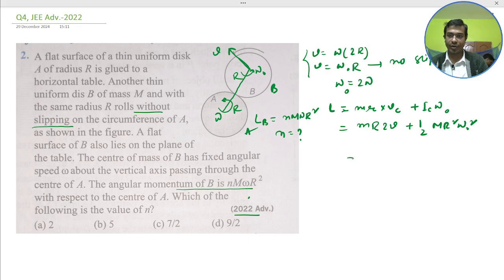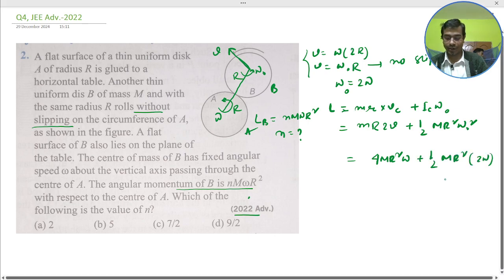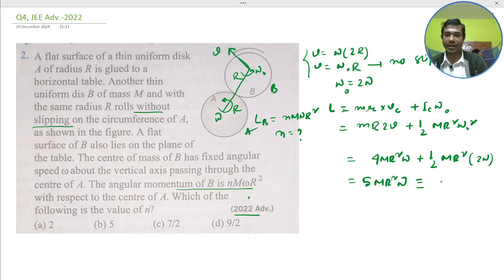So it would become 4 m r square omega plus half m r square into 2 omega. So it would become 5 m r square omega. This is given as n m omega r square. So n would be 5. 5 would be our answer, B.